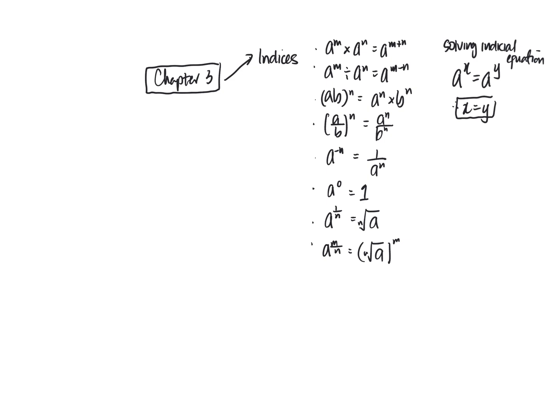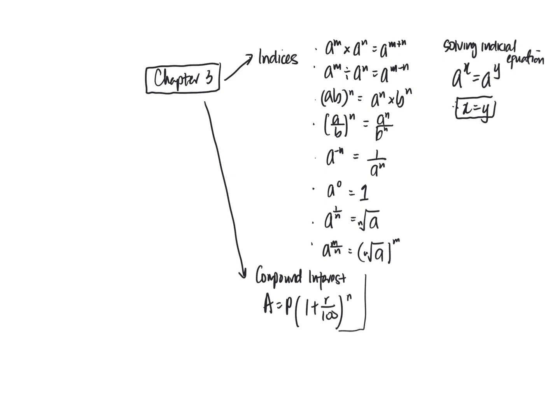1 or 2 questions on this for WA2, and then the next one that is important is compound interest. So compound interest is this one, A equals P bracket 1 plus R over 100 to the power of n. This one is given on the front page. If you cannot remember, it's on the front page. You just need to know how to apply.